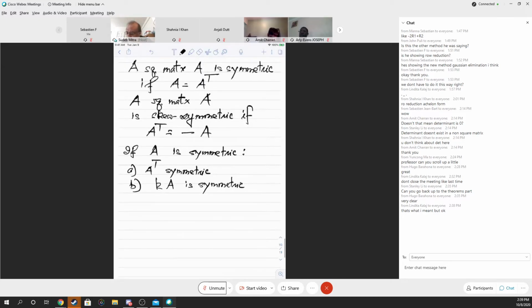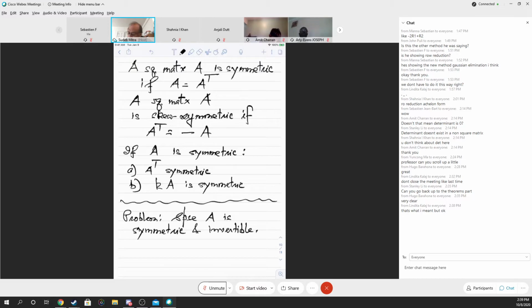Okay, so here is a question. Problem: suppose A is symmetric and invertible. Show that A inverse is symmetric.